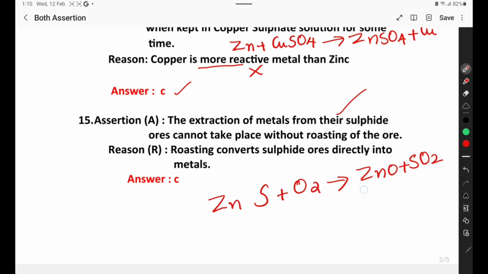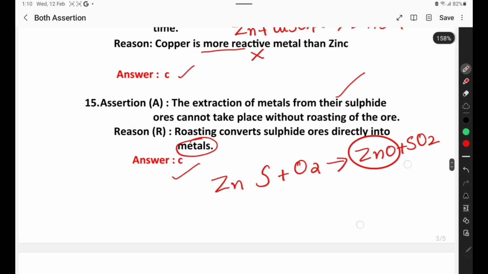So first we should convert into oxide form. Then this oxide form only is converted to the metal. We will not get direct metal. Here, reason, roasting converts sulfide ore directly into metal. That's wrong. It will not convert directly into metal. It will convert into oxides only. So our option is C.